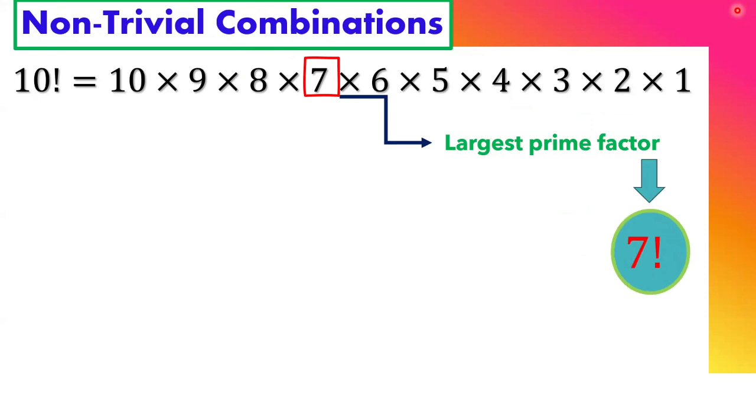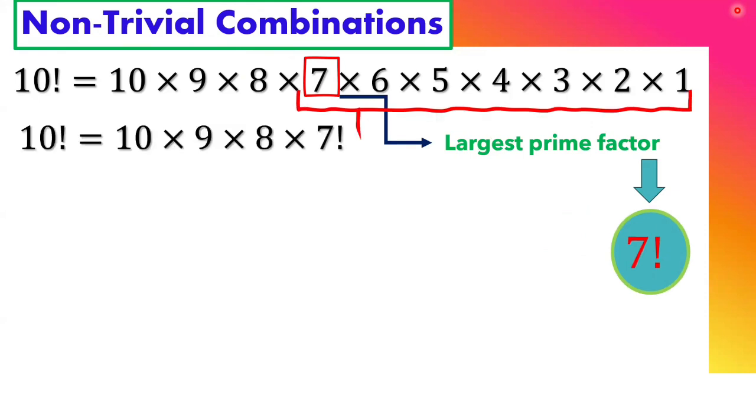So either a or b will be 7. Now we need to find the other factor. For that, we just separate the factorial 7 terms, and the remaining part is 10 multiply 9 multiply 8.